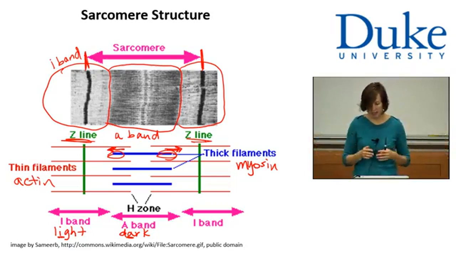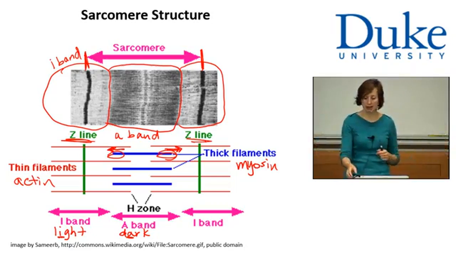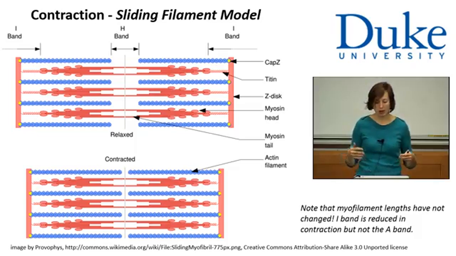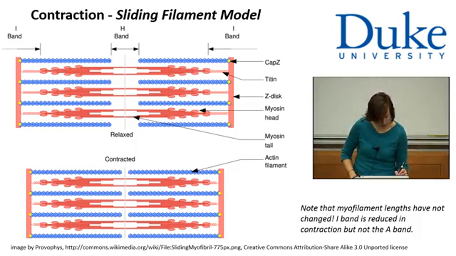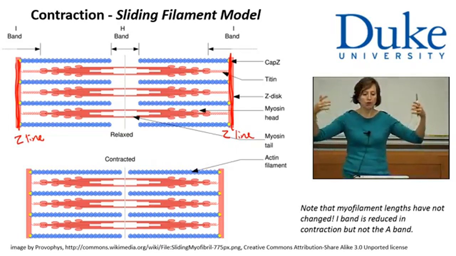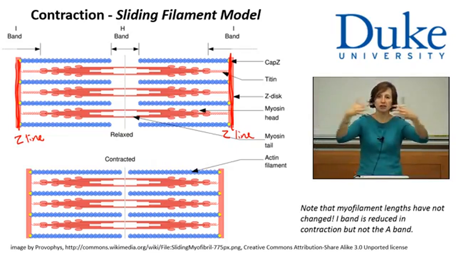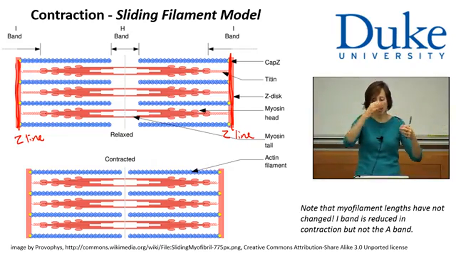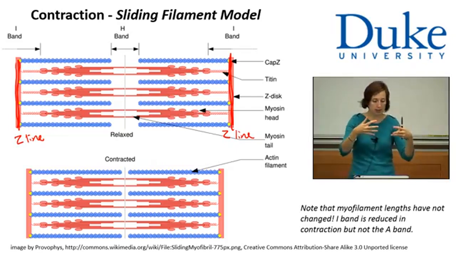So let's see what happens when we have contraction, which is what's shown on this next diagram, where in this diagram we've got our Z lines right here. So this is going to be the borders of our sarcomere. So we've got one sarcomere on here. We've got our actin filaments. Our thin filaments are shown in blue that are emanating from the Z lines, heading towards the middle of the sarcomere.